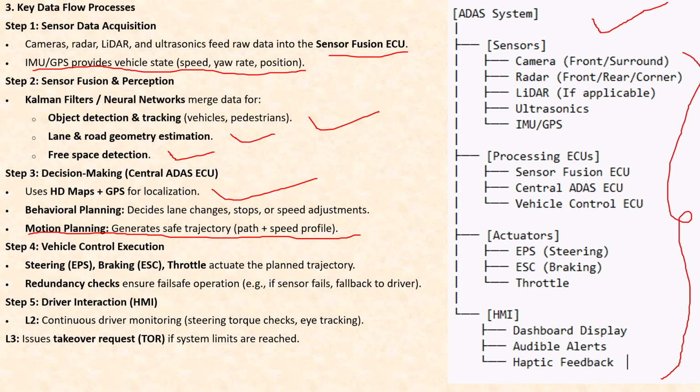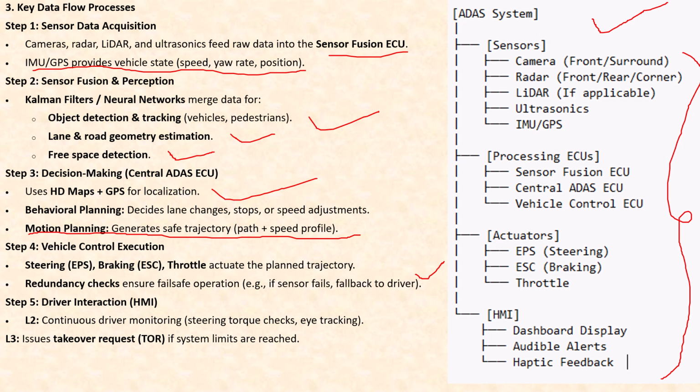Okay, now coming to the step 4, which is vehicle control execution. This may require EPS, this may require braking, electronic stability control, and also throttle, to actuate the planned trajectory, and this includes the redundancy checks, ensure fail-safe operations, and this also includes the fail-safes and fallback to the driver.